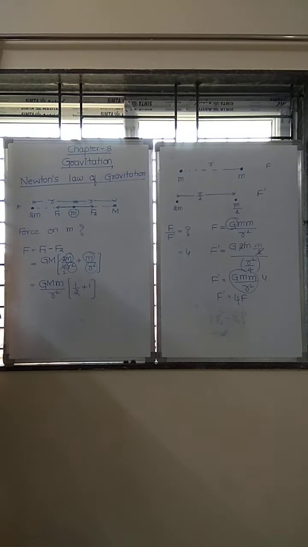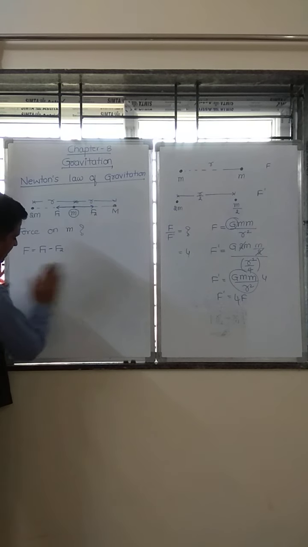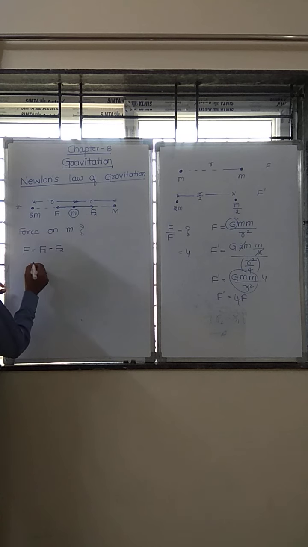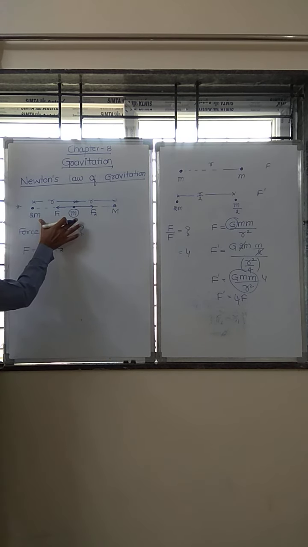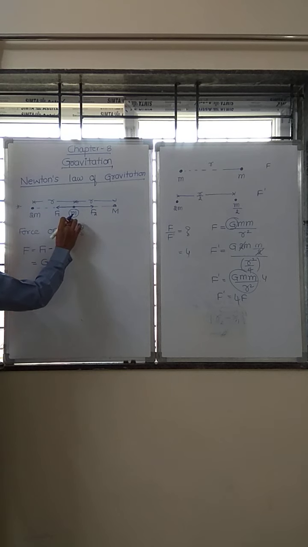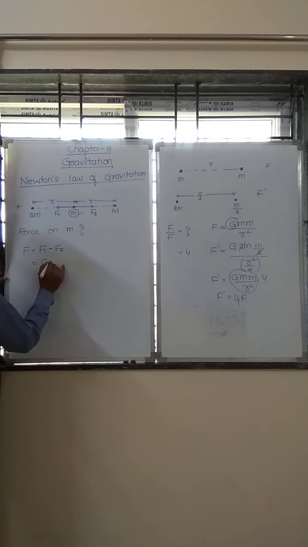Once again, I will try to write directly. Instead of writing in steps, you can try with steps. See, once again, in both cases capital G remains the same. And when I am taking this product 2m and m, and when I am taking this product m and m, in both cases this small m is common. Therefore, I can take it as common.